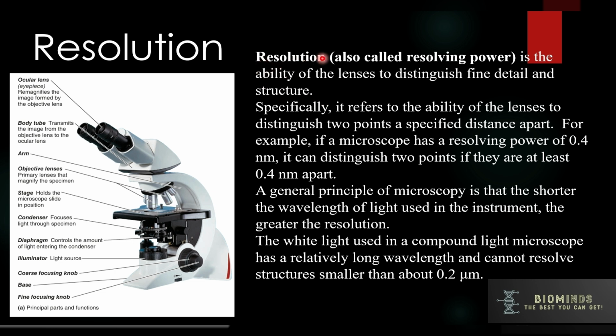Okay, so resolution, or the resolving power, helps the microscope to analyze the fine structure of things or the microorganisms. It refers to the ability of lenses to distinguish two points a specific distance apart.